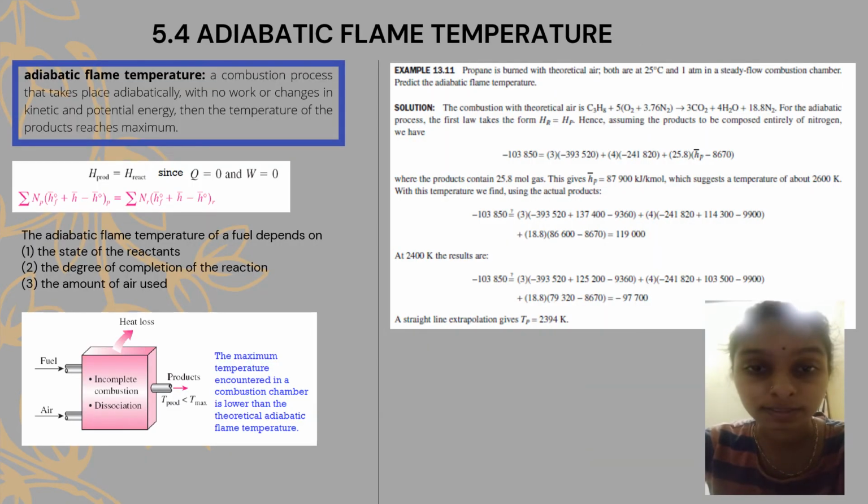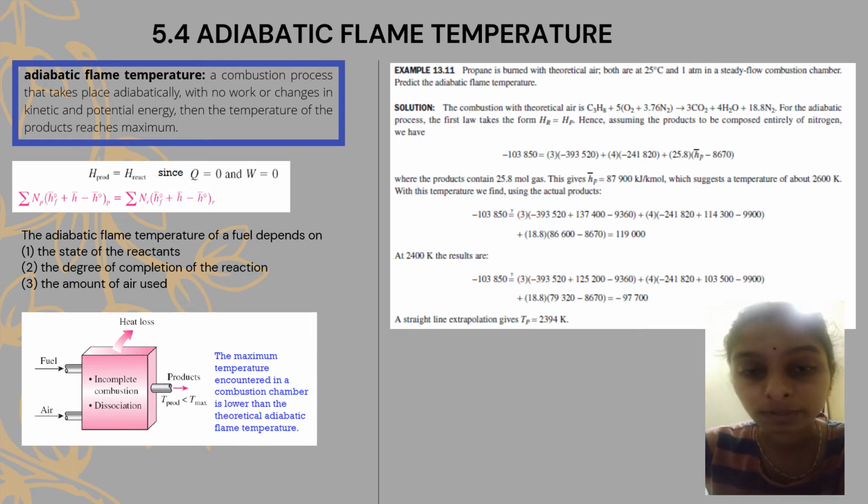Okay, so the next subtopic is adiabatic flame temperature. Adiabatic flame temperature is for a combustion process that takes place adiabatically with no work or changes in kinetic and potential energy, where the temperature of the products reaches the maximum.